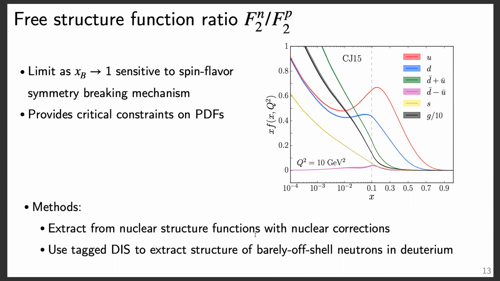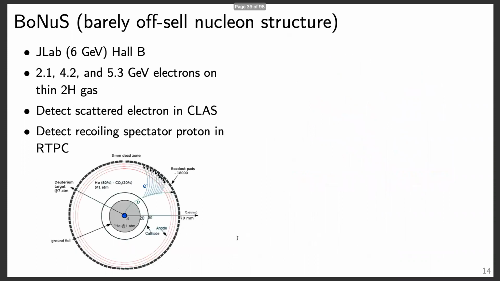Essentially you're trying to separate two effects: one, what is the difference between the neutron and the proton, and two, what are the nuclear effects. So there's always some intrinsic model dependence. The other method is to use tag DIS to extract the structure of barely off-shell neutrons in deuterium, and that is what BONUS did.